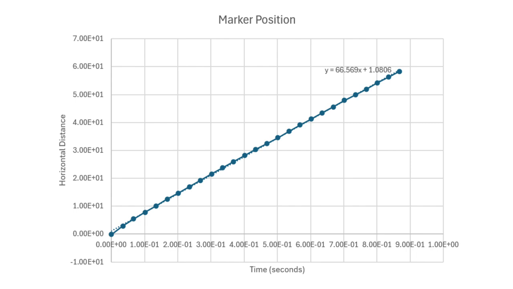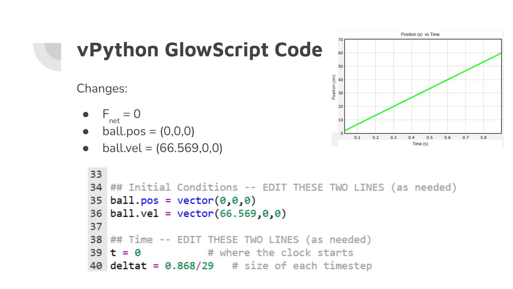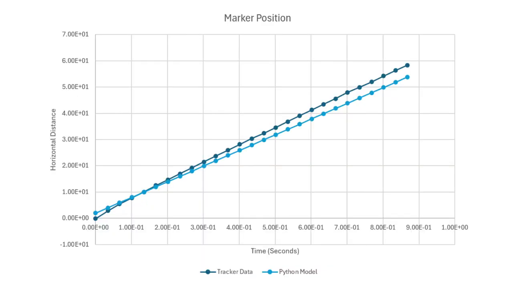That's the slope of the trend line there. So that's what we use as the ball velocity in the x direction. You can see the code where I made the changes, and I also changed the delta t to be the total time divided by the number of frames of the video, so it is an even delta t throughout.